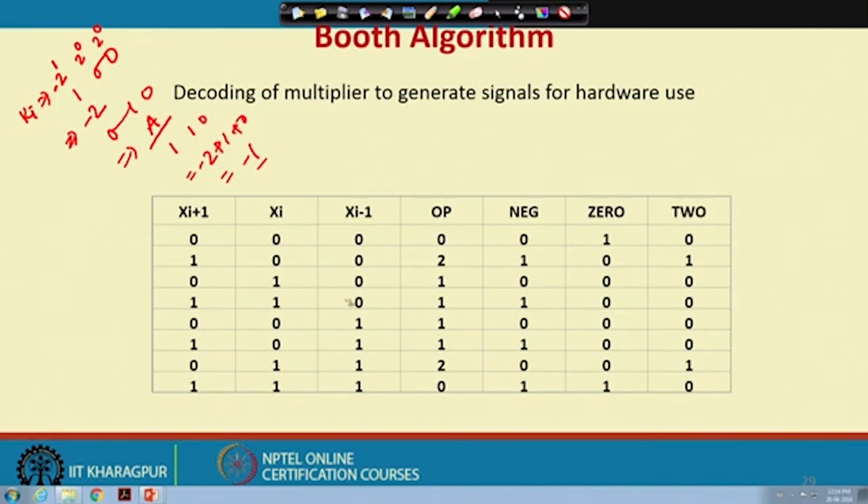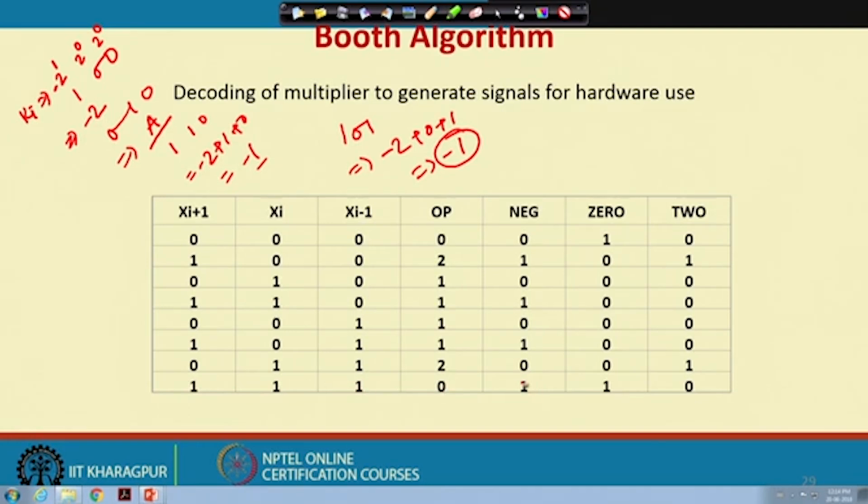So for 1 1 0, it is 1 with negative. In the same fashion, for 0 0 1, that is 1, no negative. For 1 0 1, what will happen? Minus 2 plus 0 plus 1, that is equal to minus 1. For 0 1 1, that is 2 with positive. For 1 1 1, that is 0.